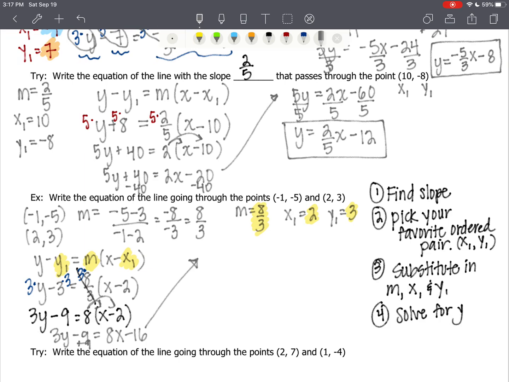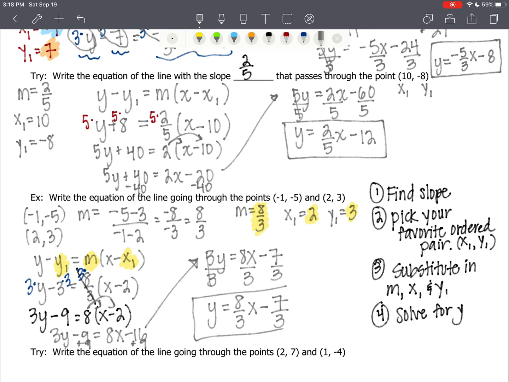I'm going to add 9 to both sides, giving me 3y equals 8x minus 7. And then I'm going to divide each term by 3. And my equation in slope-intercept form is y equals 8/3 x minus 7/3.